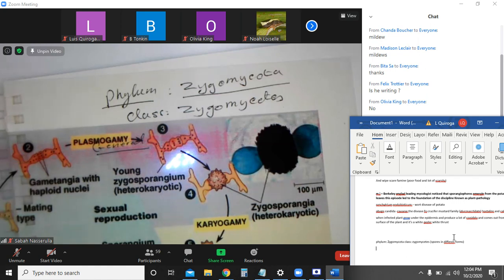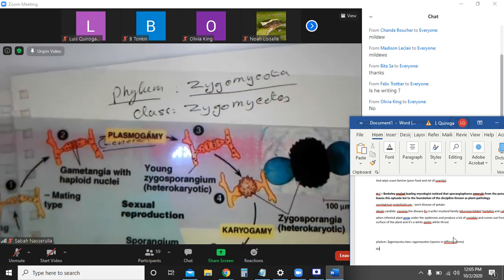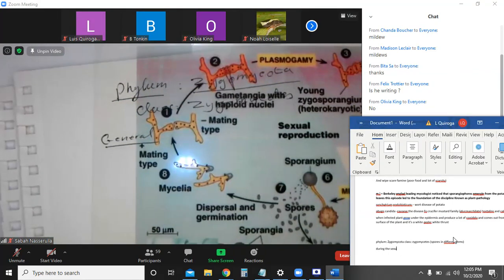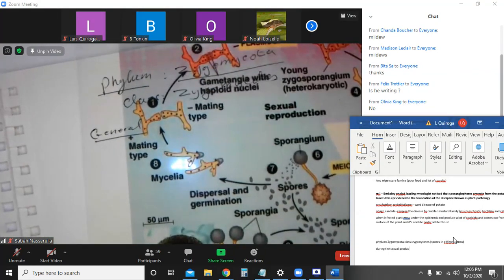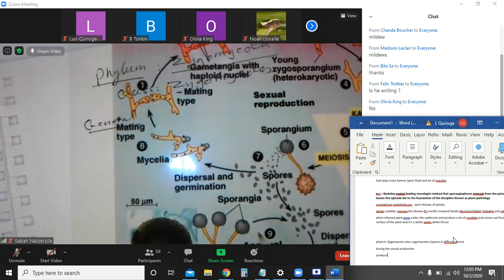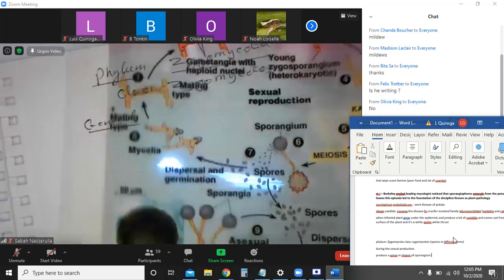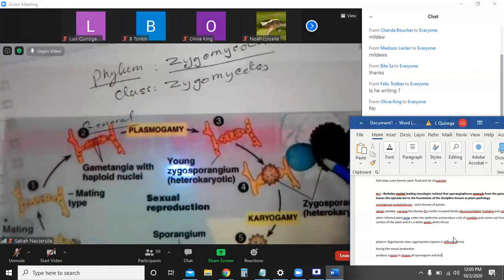During their asexual reproduction, they produce their spores in the form of sporangia, and inside it are the spores. So in asexual reproduction they mostly produce sporangia, and during sexual reproduction they produce the zygospore.